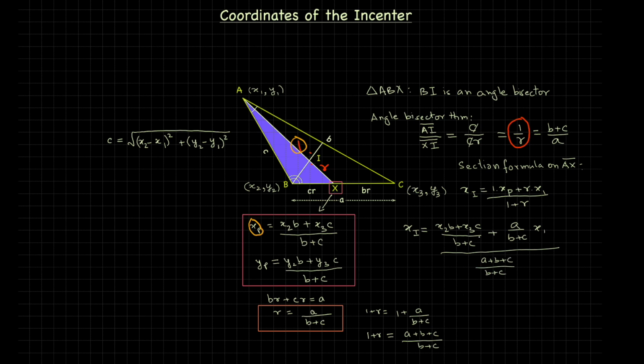Here b plus c is a common denominator in all the terms, so we can just cancel it out. What's left then is x2 b plus x3 c plus x1 times a, divided by a plus b plus c.